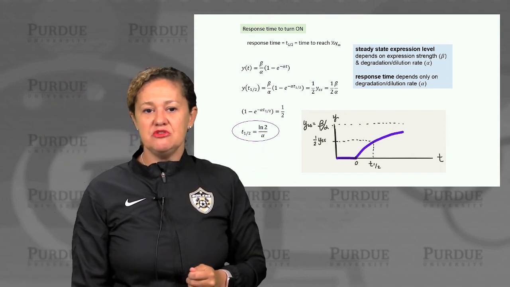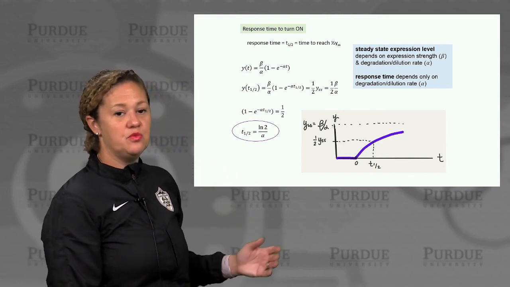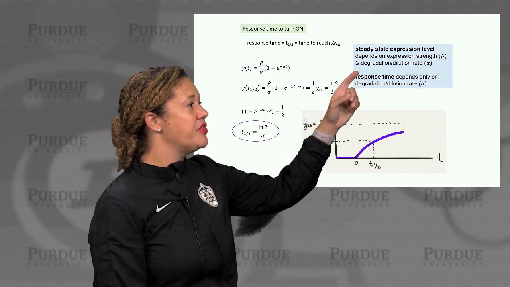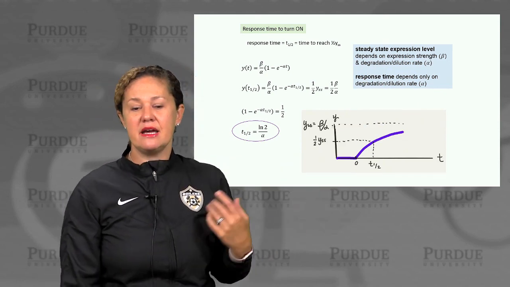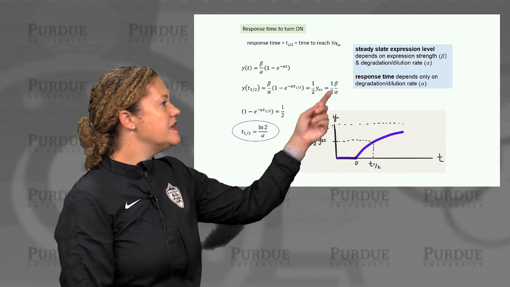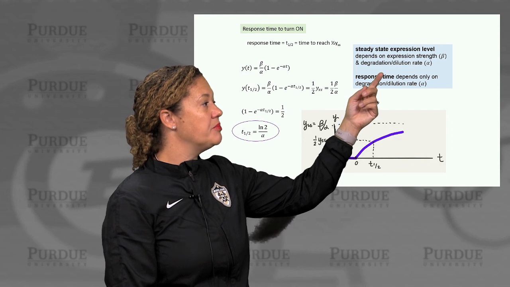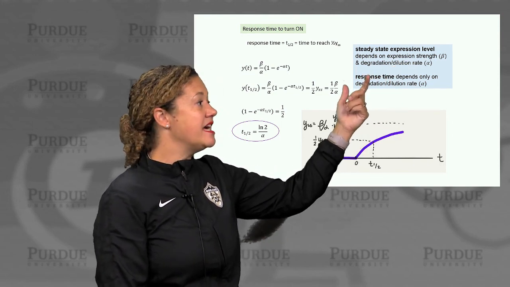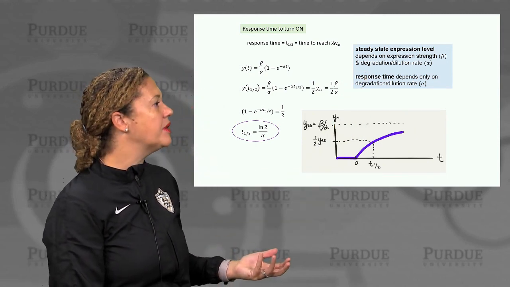So this is an interesting result, and perhaps not immediately intuitive if you didn't work through the mathematics. The steady state expression level depends on both the expression strength, which would depend on things like how strong our promoter was in our gene design, as well as the decay rate, which is a product of both the dilution rate, the cell division rate, and the degradation rate, how quickly the cell actively degrades that protein.